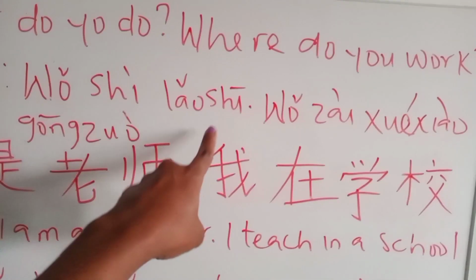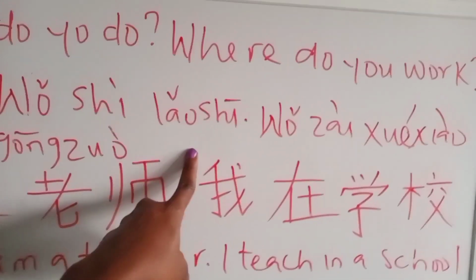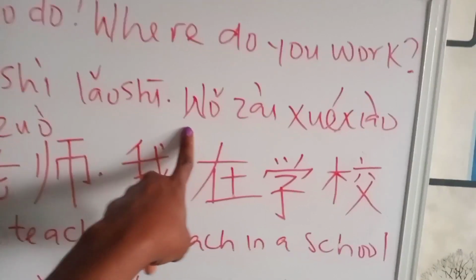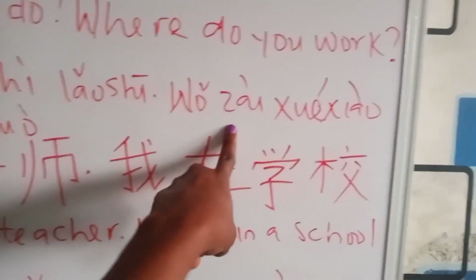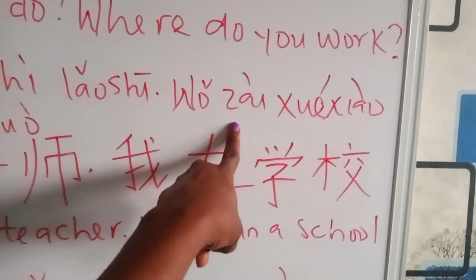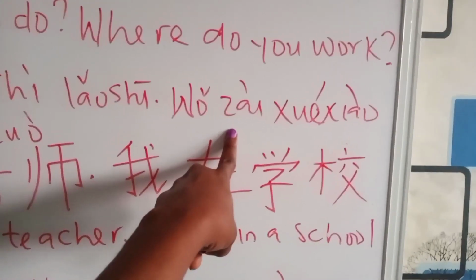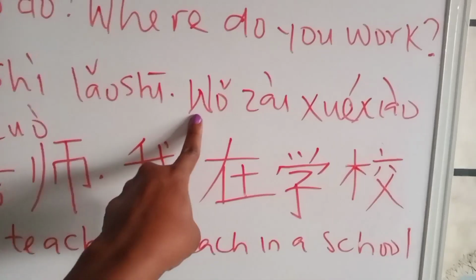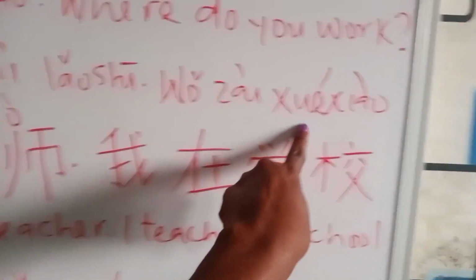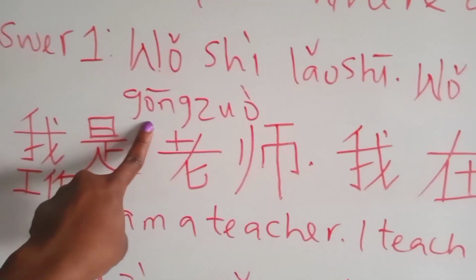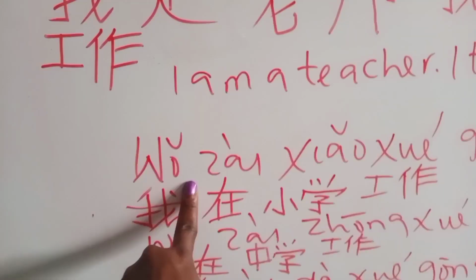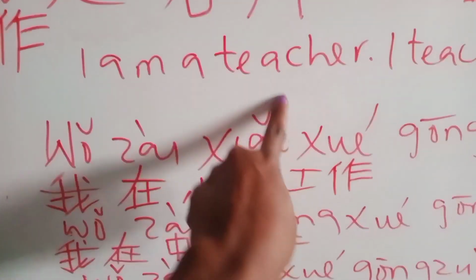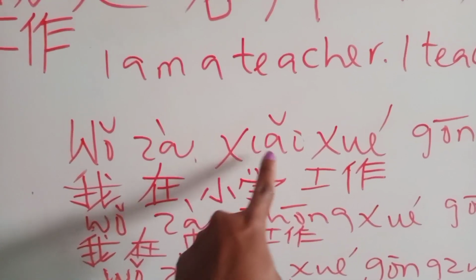是 is to be. 老师 is teacher. 我在, you know 我 is I. 在 is in, at, on. You know in English, on, at, and in is 在. I in school. Work. I work in a school. 我在小学, 小 means little, small.